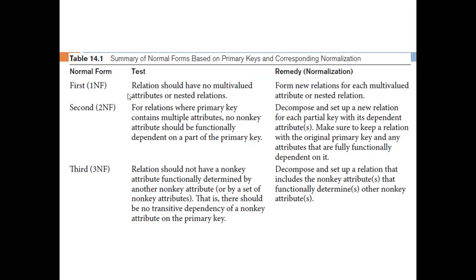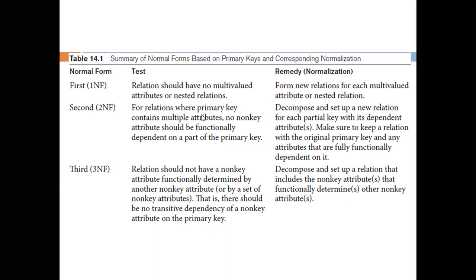In the second normal form, how do we test? Second normal form applies only when the primary key is composed of many attributes. We have to test that no non-key attribute is functionally dependent on a part of the primary key. It must be functionally dependent on the whole primary key, not on a part.